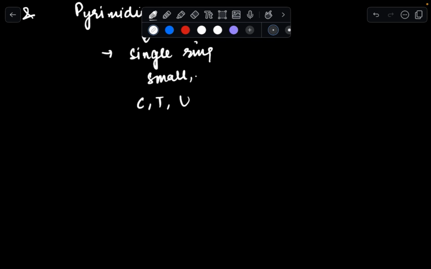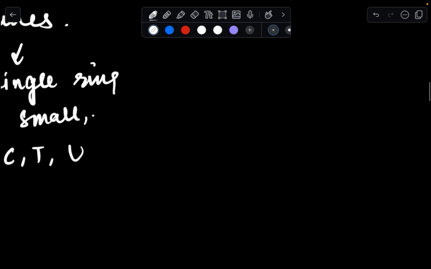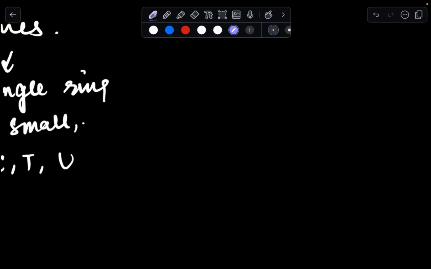Now let's look at the structure of these purines and pyrimidines. The general structure of pyrimidine is this.